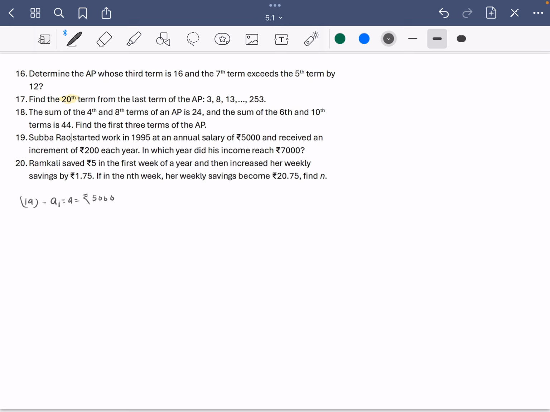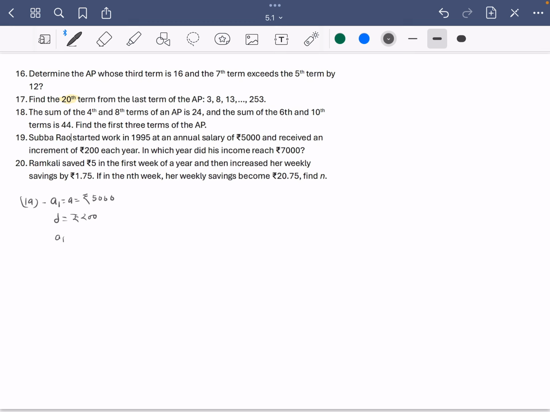Each year he receives an increment of 200 rupees. So that's the common difference, 200 rupees. In which year did his income reach 7,000? If it keeps increasing 200 rupees each year, then in what year will his income become 7,000 rupees?